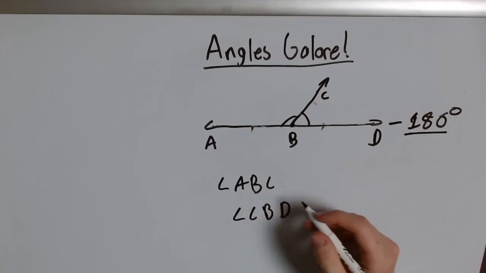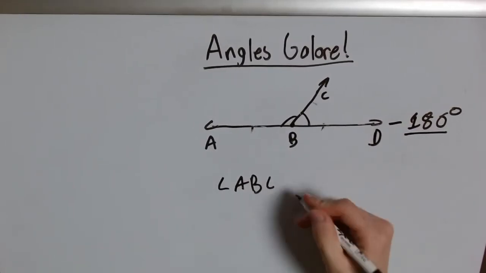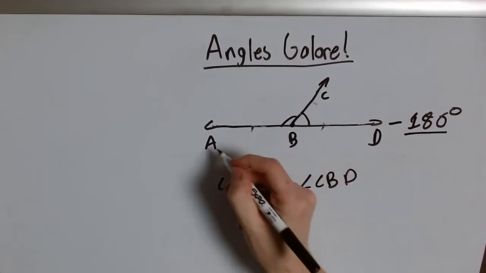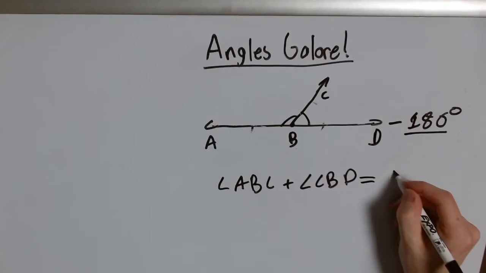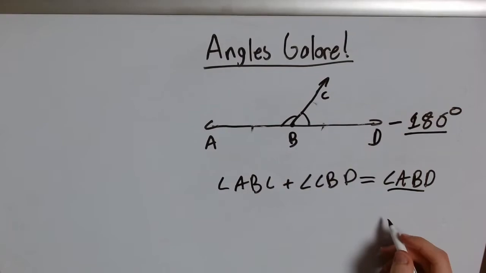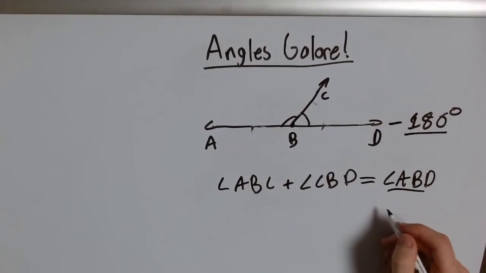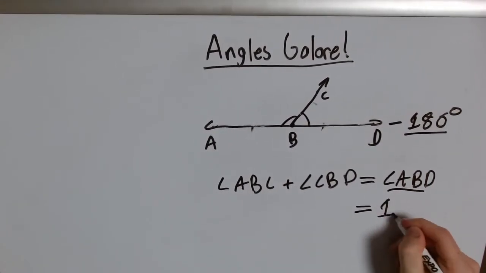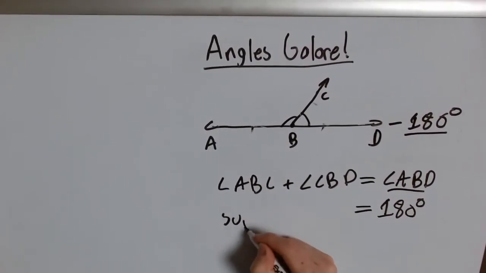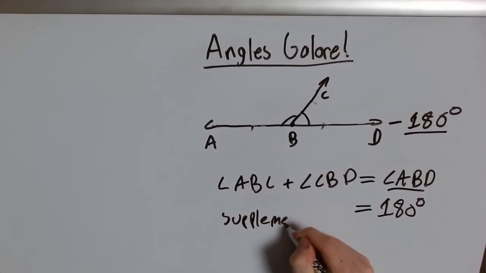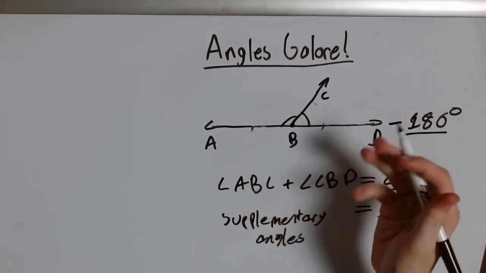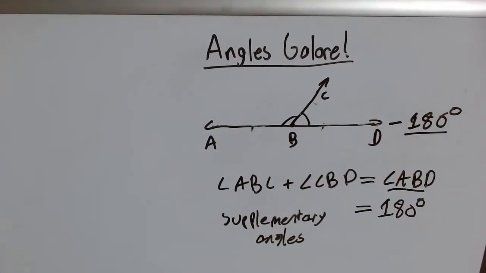So these two combined, ABC plus CBD, must be the same thing as this flat angle ABD. What is this flat angle ABD? Well, we already figured out that it's half of 360. So this is all equal to 180 degrees. Now these are what we call supplementary angles. And it's a long way of saying that when combined, they equal 180 degrees.